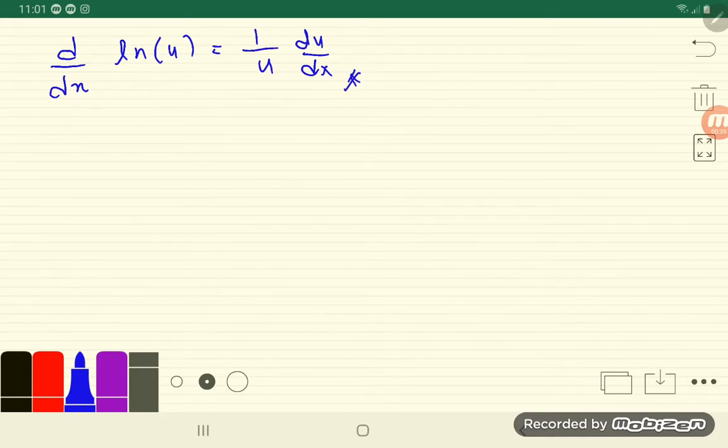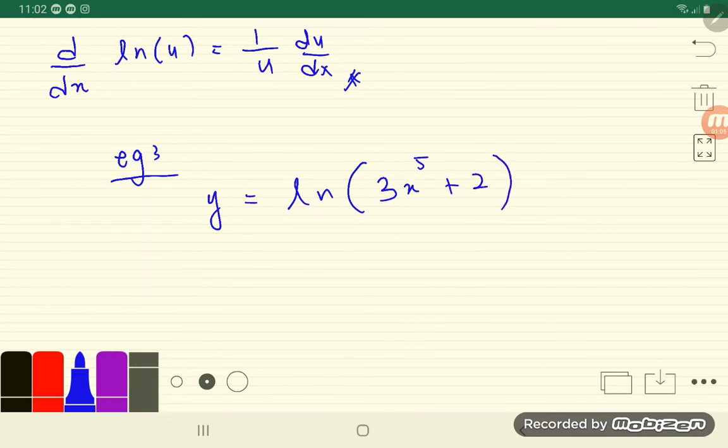Let's recall the first example. Let's say here we try to deal with the third example, number 3, where we have y equals ln of (3x to the power of 5 plus 2) to the power of 10.